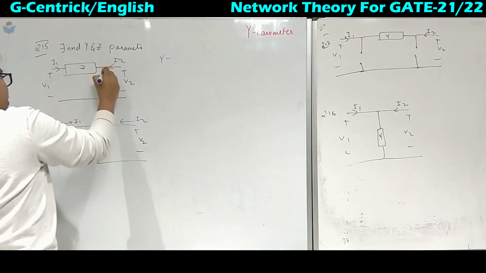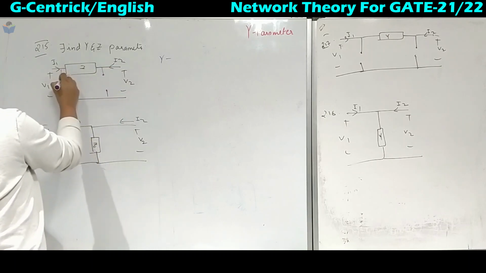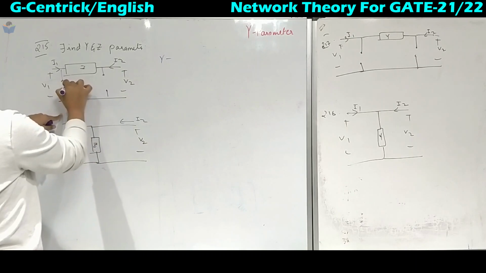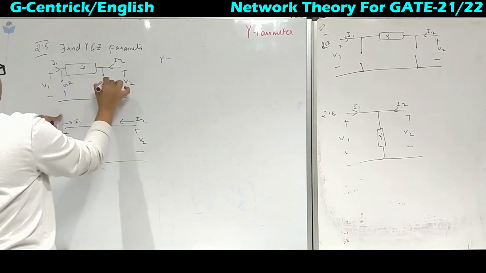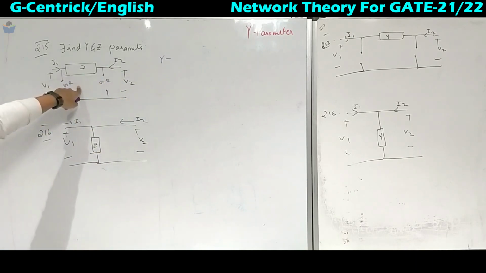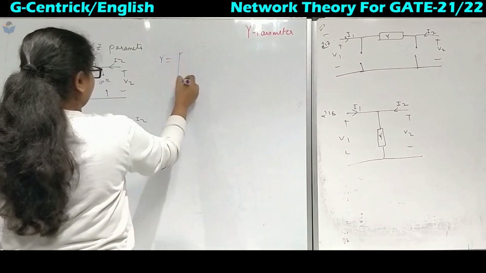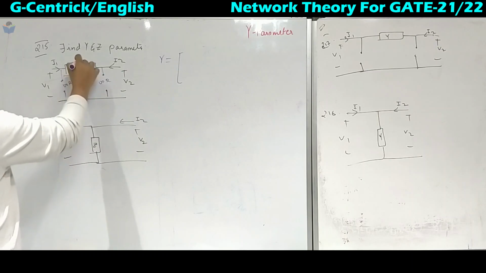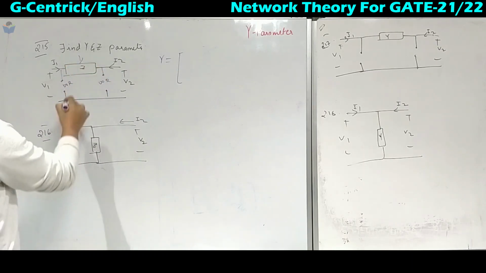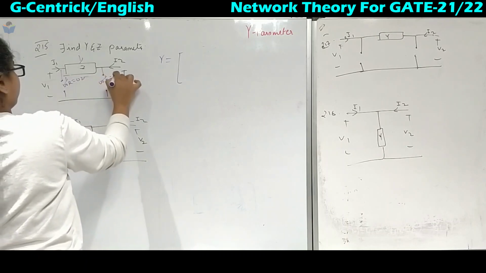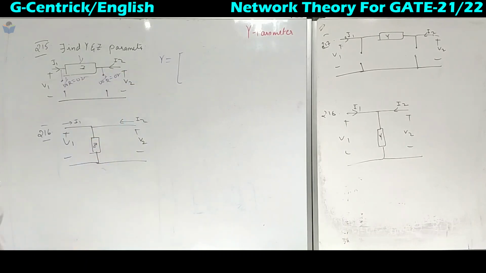Since there is nothing, this is an open circuit, which means it has infinite resistance. For calculating the Y matrix we take the shortcut: 1 over Z. Then 1 over infinite is 0 Siemens. Here also 1 over infinite is 0 Siemens.